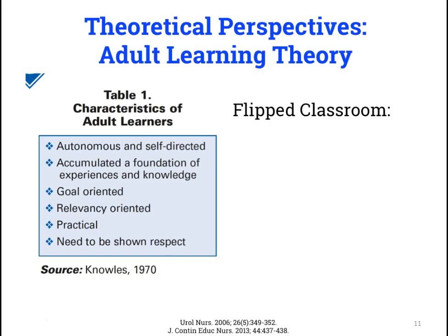But anyways, it's still useful looking at the core of the theory. And really, based on these characteristics mentioned here, which again, as I said, share a lot of similarities with that of an adult learner and that of a millennial learner.